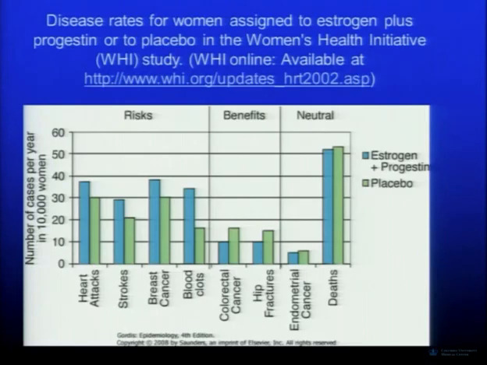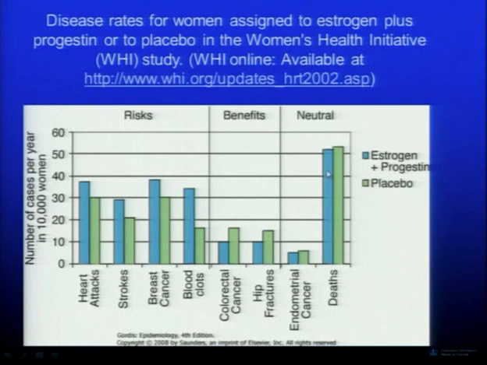The Women's Health Initiative is probably one of the largest funded studies by the National Institutes of Health. At WHI.org, you can go there and see all kinds of slides and information about the study. But what it was looking at is, for each of these different diseases that they did the study because they thought they were going to show benefits, what actually is the difference between those with estrogen and progestin versus those on placebo.